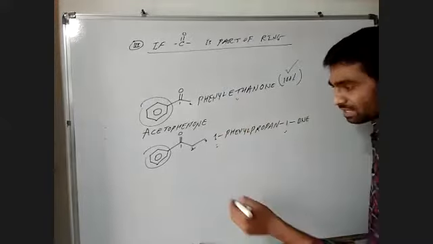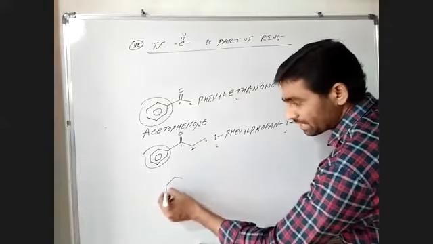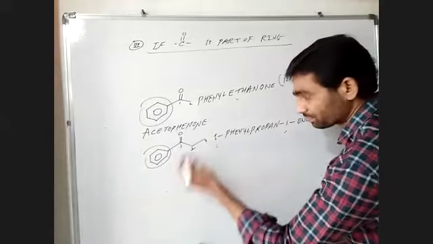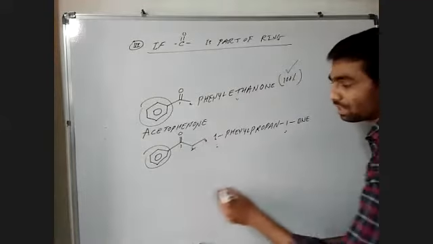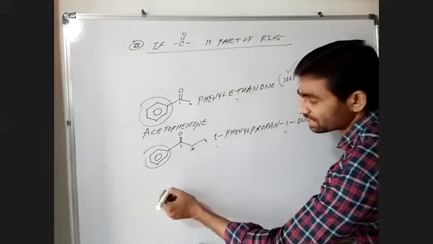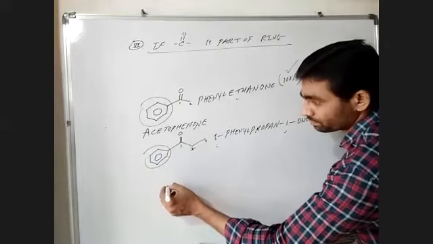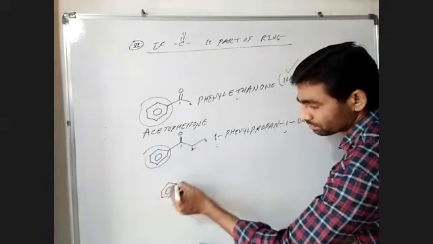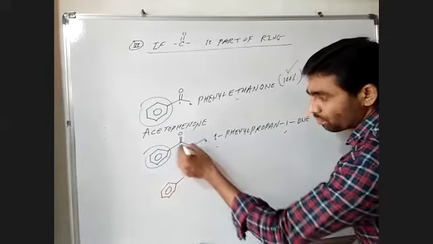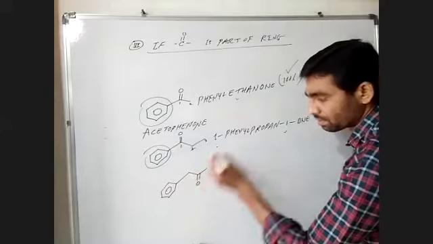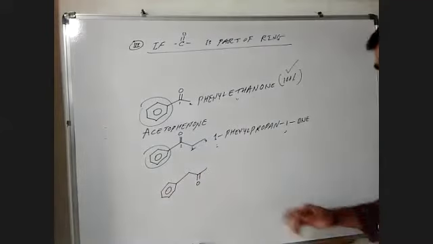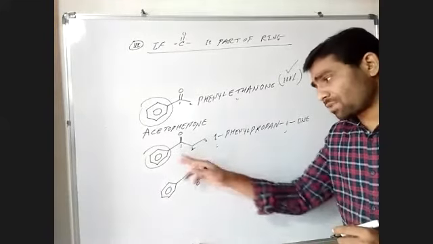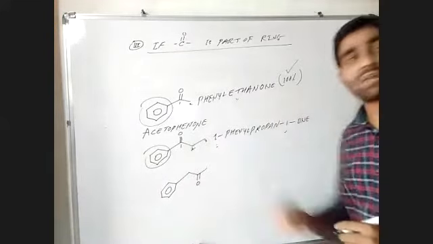We can understand that by taking this example. I am writing the same example again, with one more example here: one, two, three carbons. I have shown the same structure, the same number of carbons, but I have changed the position of the carbonyl carbon.